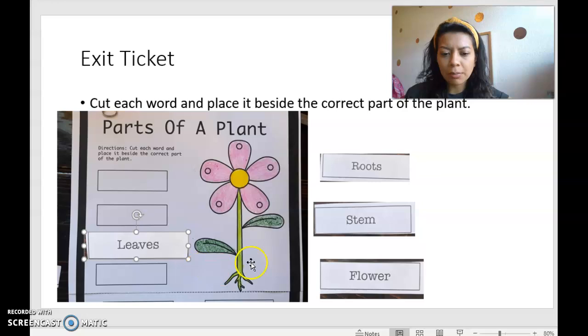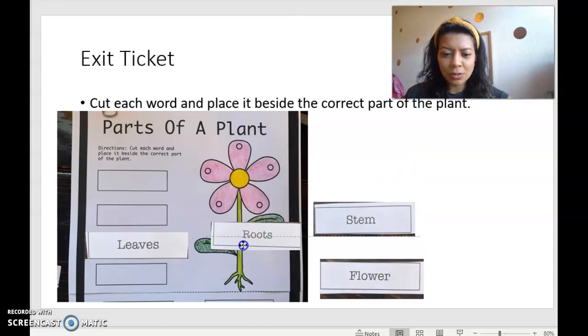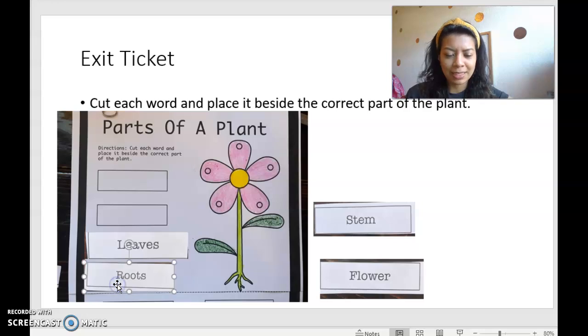Or is it the bottom portion, the part that we cannot see from the flower? If you said the bottom, you're correct. Yes. Remember, roots are found inside the ground. It's something that we are unable to see from the plant. But the roots are very important because they hold the plant together and they absorb water and minerals.